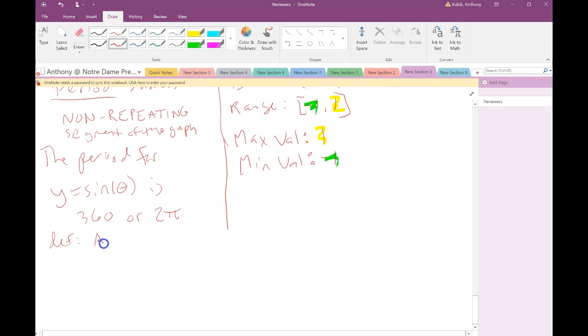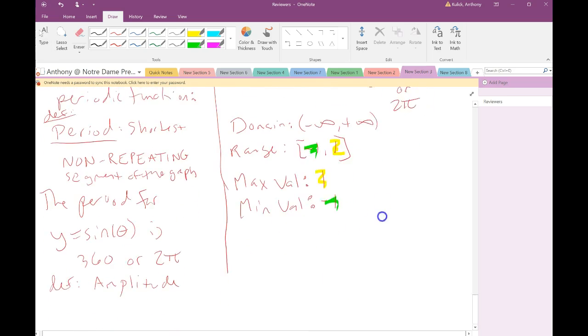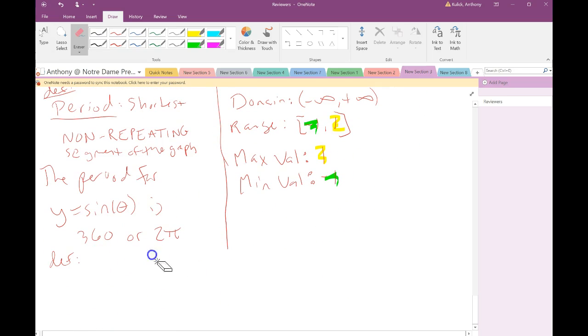Another thing that we talk about is the amplitude. Maybe actually before we do that, we should define something called a mean line. This is a horizontal line that divides the graph in half.